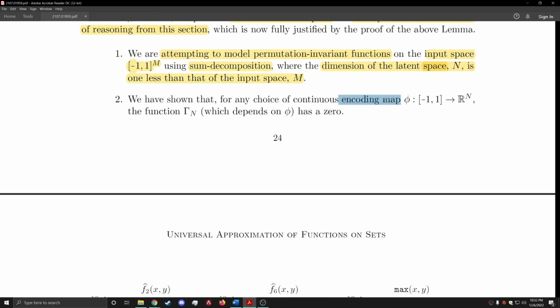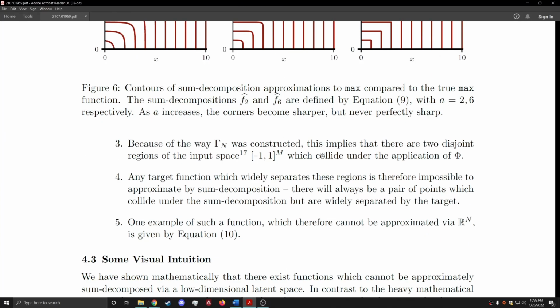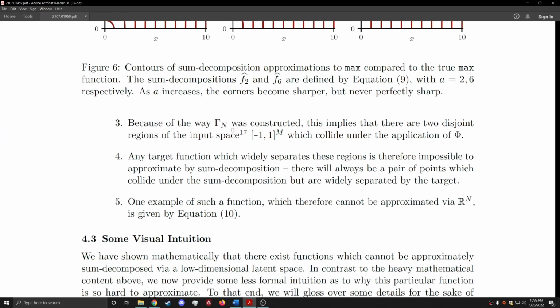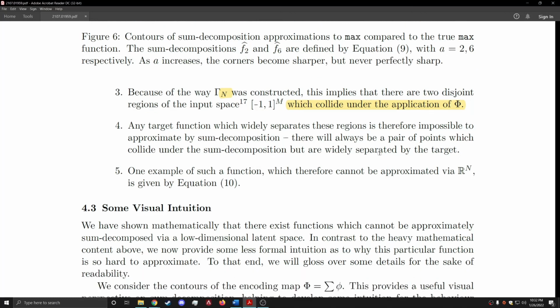If we create our encoding map of gamma, which maps this line segment to the real numbers with dimensionality n to the function gamma sub n, it's going to not only have a 0, but we are going to show, whenever you do this, whenever there's a 0, you're going to collide under the applications of the latent space. There's going to be that intersection we talked about, and the decoder's not going to know what to do with it. So it is impossible to approximate by some decomposition because of that collision, because of that failure.